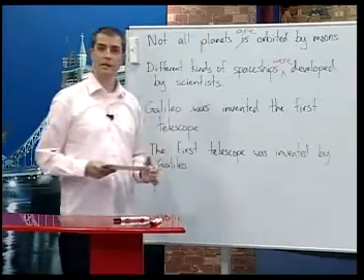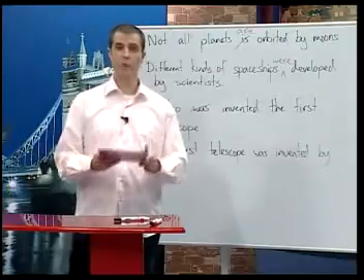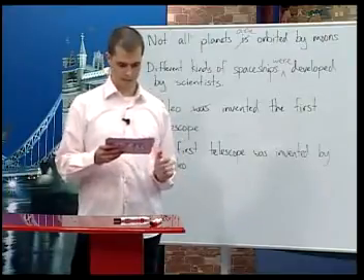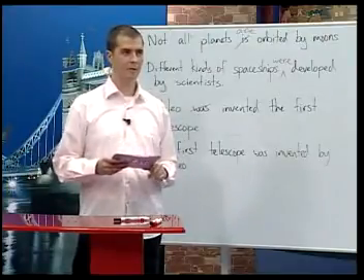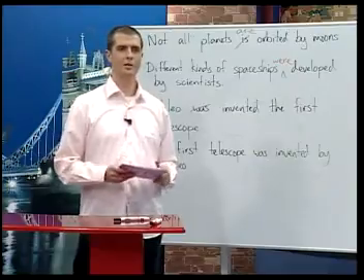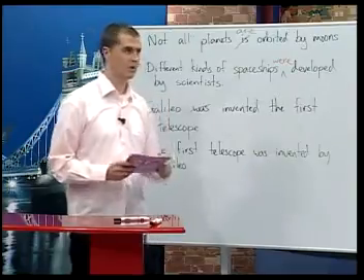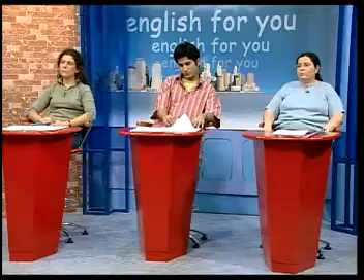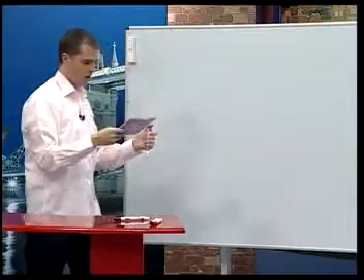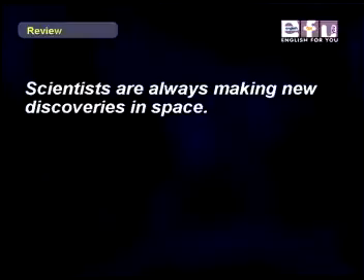Right, well let's try an exercise now using the passive voice with present continuous. I'll give you a sentence in the active voice and you change it to the passive, and we'll use the present continuous. The first sentence goes to Rosa.